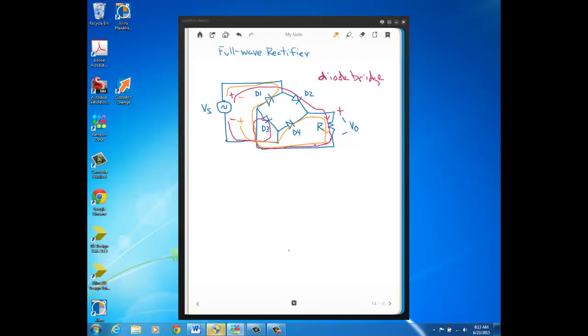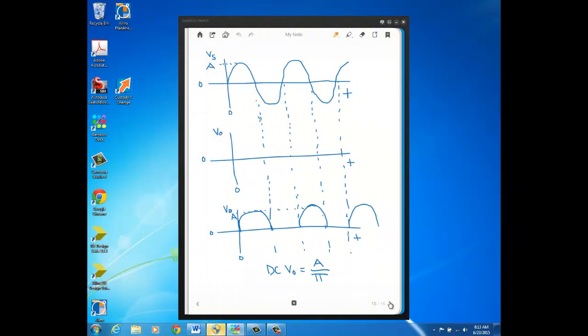Now what this means as far as V out, since the current travels the same direction through the load resistor for the two different half cycles of the source, is that both the positive peak and the negative peak are going to be on the same side, and we're going to get the same polarity voltage at V out.